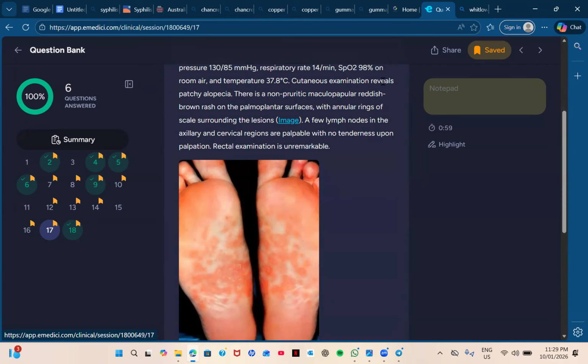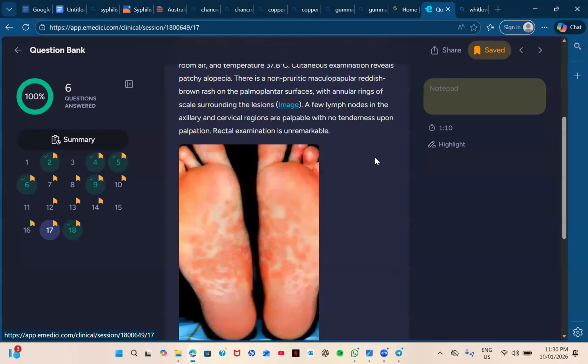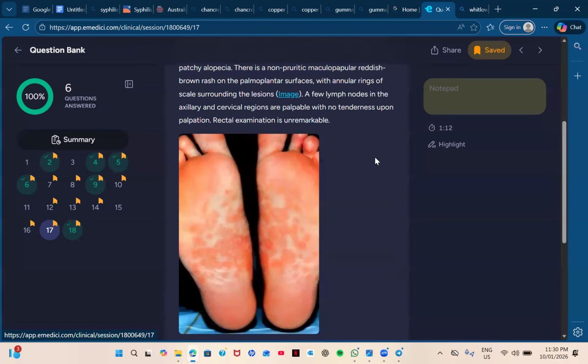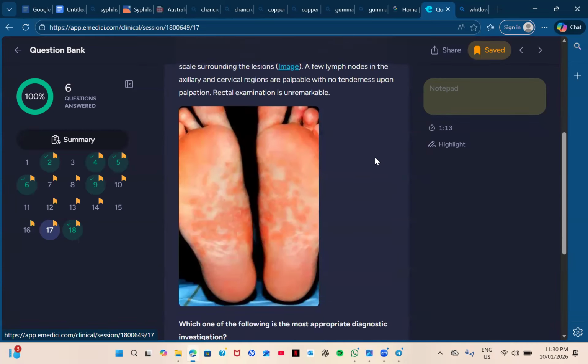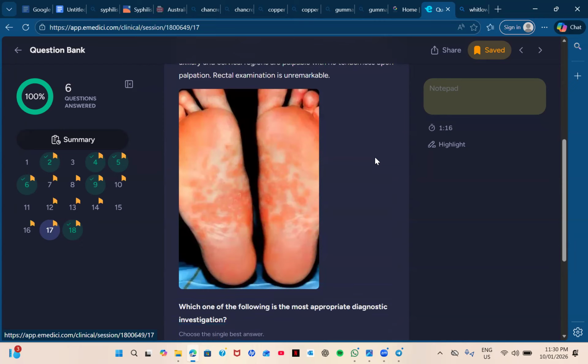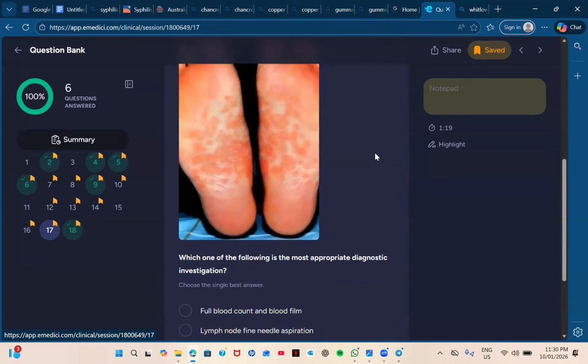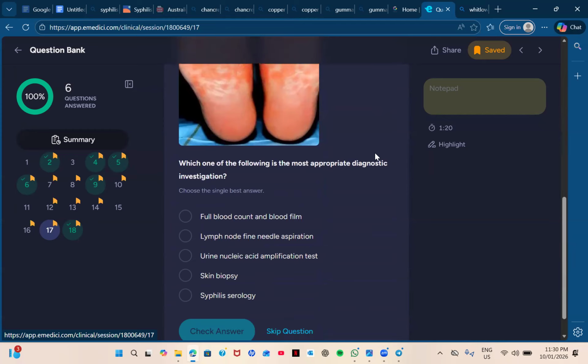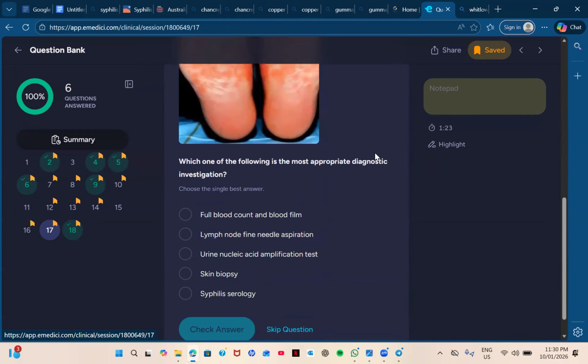There's a non-pruritic maculopapular reddish brown rash on the palmoplantar surface with an annular ring of scale around the lesion. A few lymph nodes in the axillary and cervical area are palpable with no tenderness. Rectal examination is unremarkable. Which one of the following is the most appropriate diagnostic investigation?